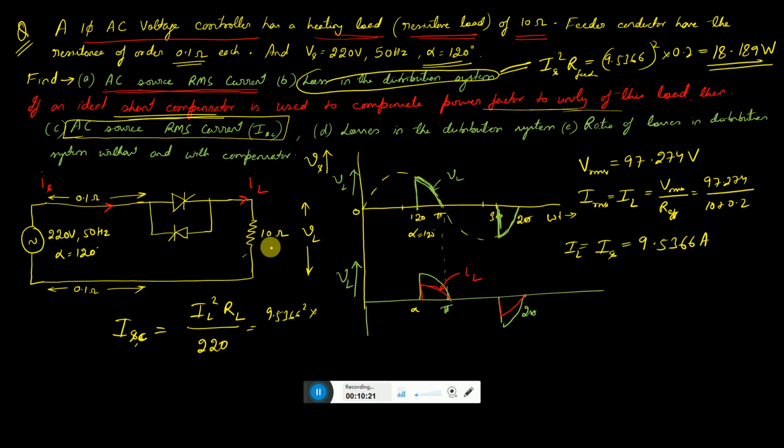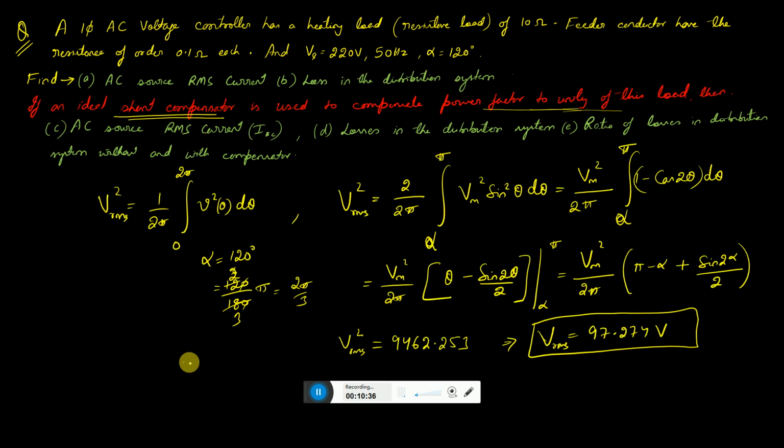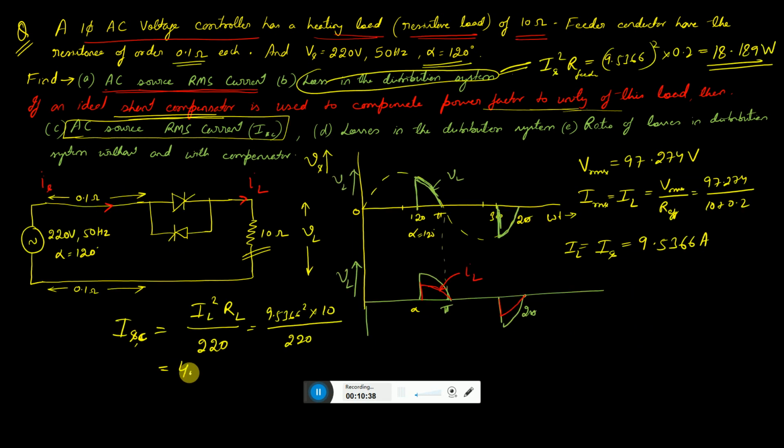RL is the effective value of 10, the load resistance, divided by 220, and that gives us 4.1339 amperes.